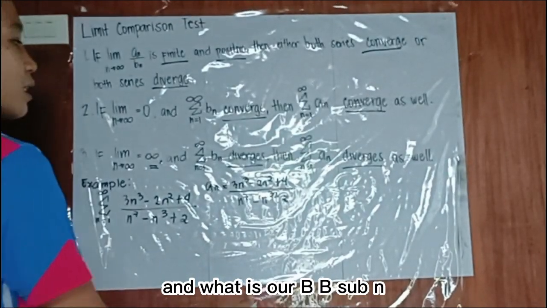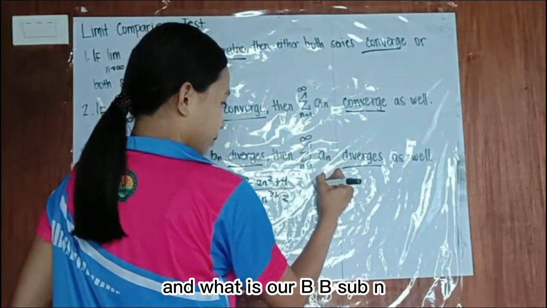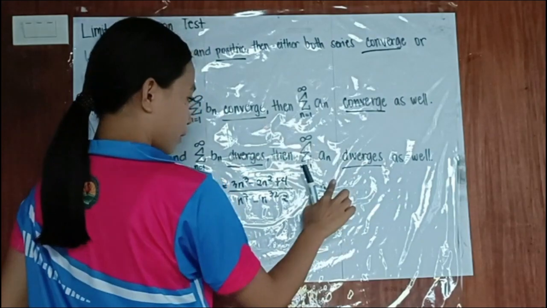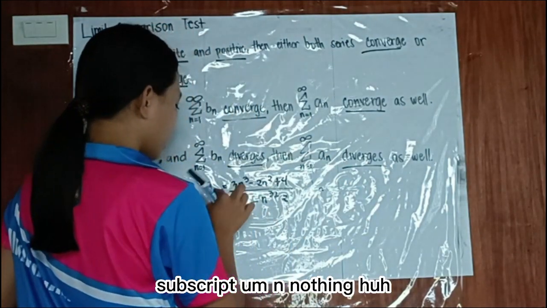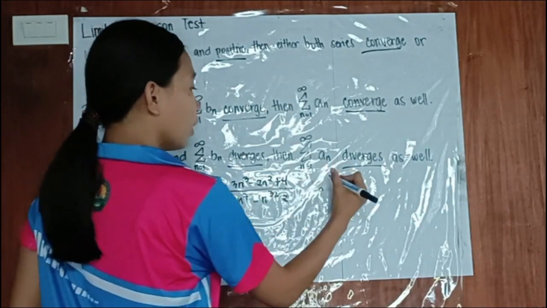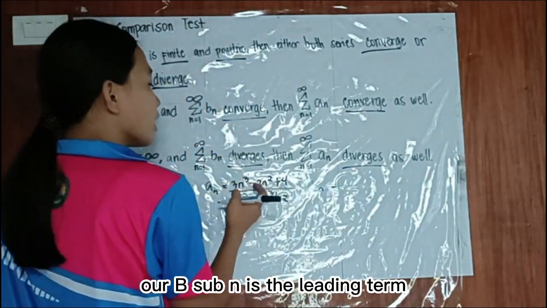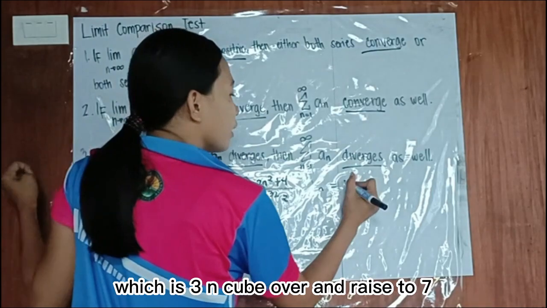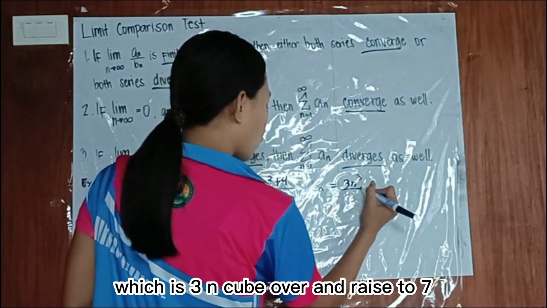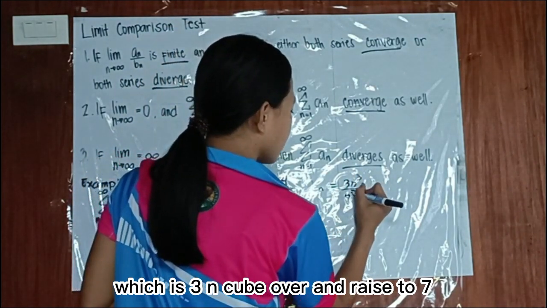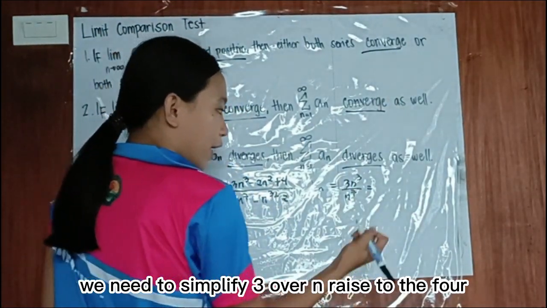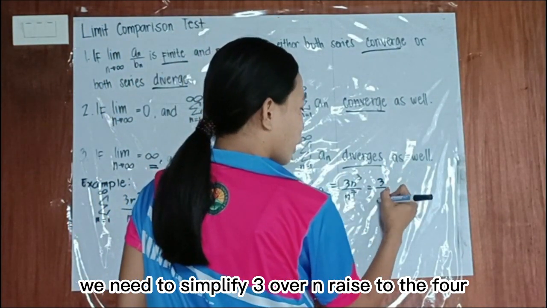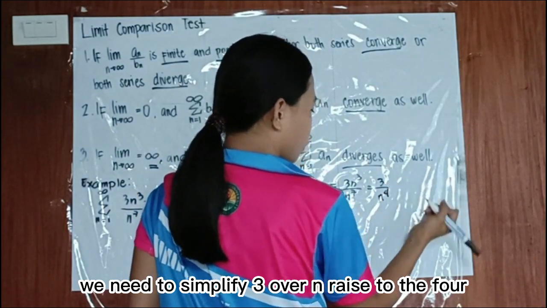And what is our b sub n? Our b sub n is the leading term, which is 3n cubed over n raised to 7. We need to simplify. What remains is 3 over n raised to the 4.